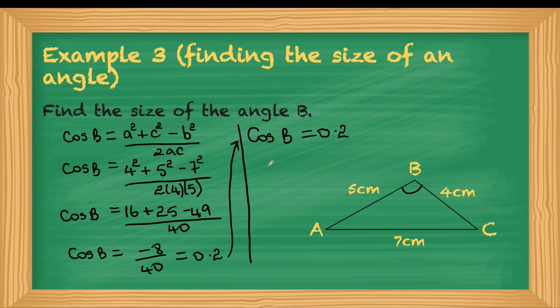But I want B, I don't want cos B. So to get B by itself, we'll have to find the cos inverse of negative 0.2. And this will give us 101.5 degrees. So therefore, this is the measurement for angle B.